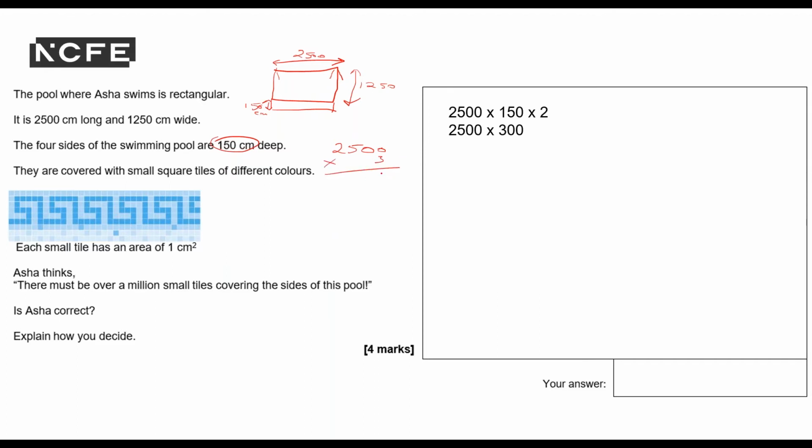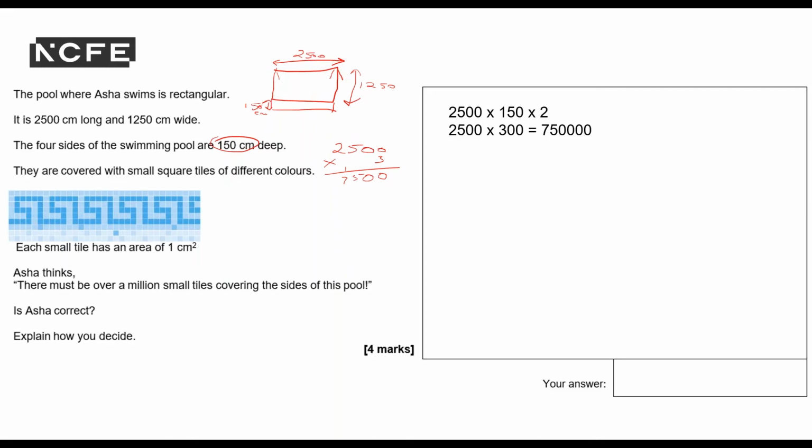Okay, I could do it like that. 0, 0, 5 times 3 is 15. 2 times 3 is 6, plus 1 is 7. So 7,500 multiplied by 3, and then I need to multiply that by 100. I'm going to move the number 2 spaces over and put zeros to fill in the gaps, and that gives me 750,000. So that's the area of my 2 long bits.